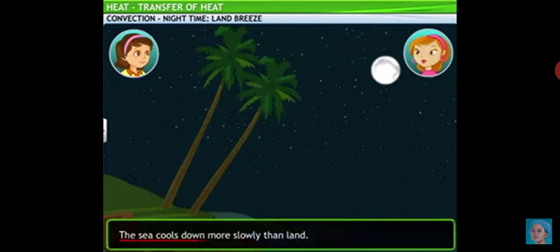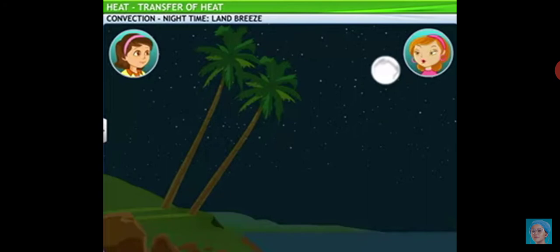The sea cools down more slowly than land. So, the land at the shore cools down faster, resulting in the cooling of the air above the shore. Thus, the air above the sea at this point is comparatively warmer than the air above the land.